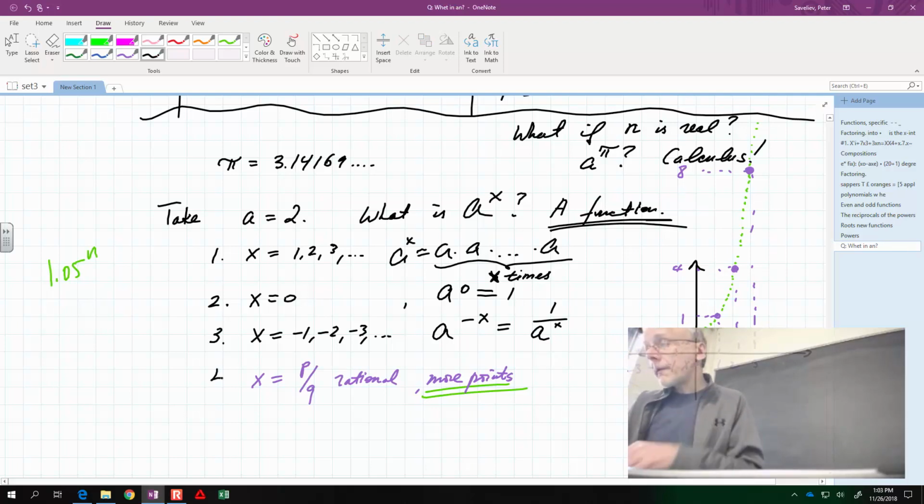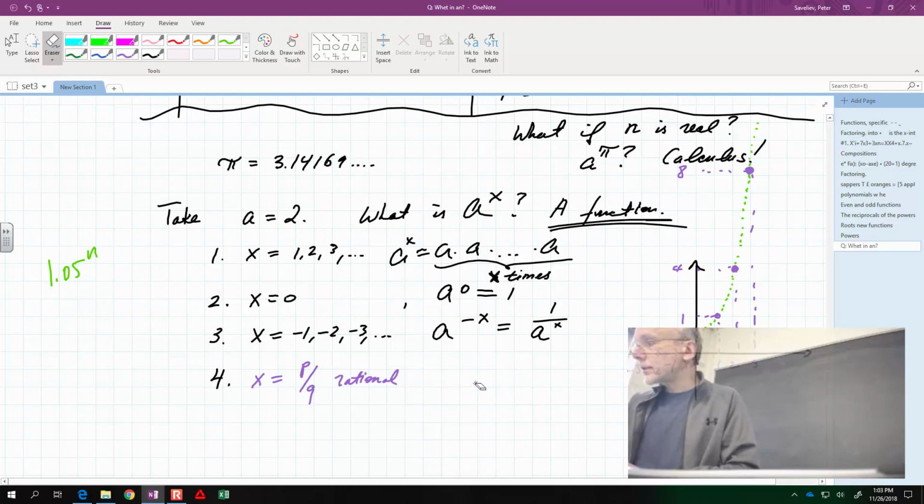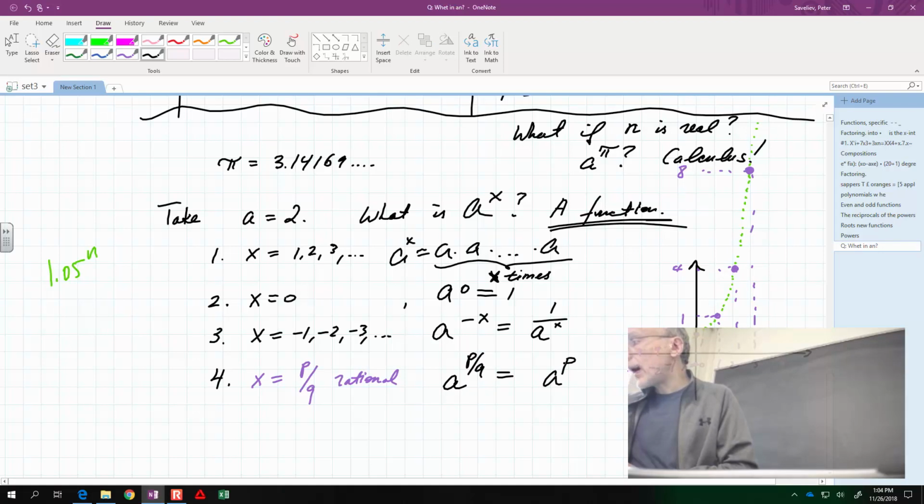The fourth convention, the last one that we studied, was the rational exponents. The meaning of which is this: a to the power of p over q is a taken to the power of p and then take the q root of that.